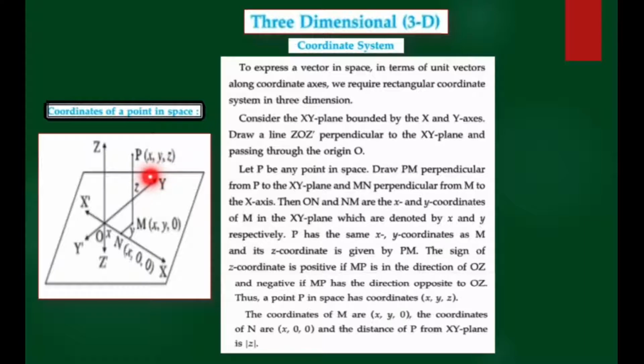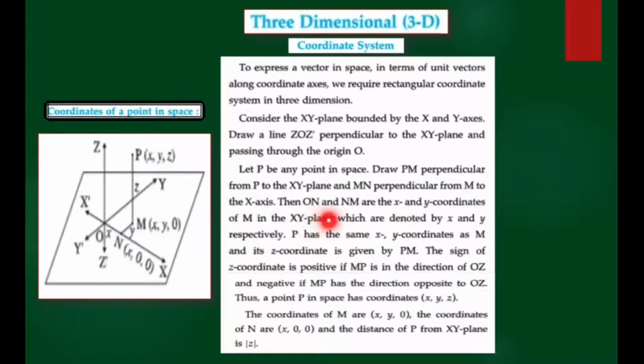Here we consider point P in space. Draw PM perpendicular from P to the xy plane. So we draw a perpendicular from this point P on the xy plane at point M.